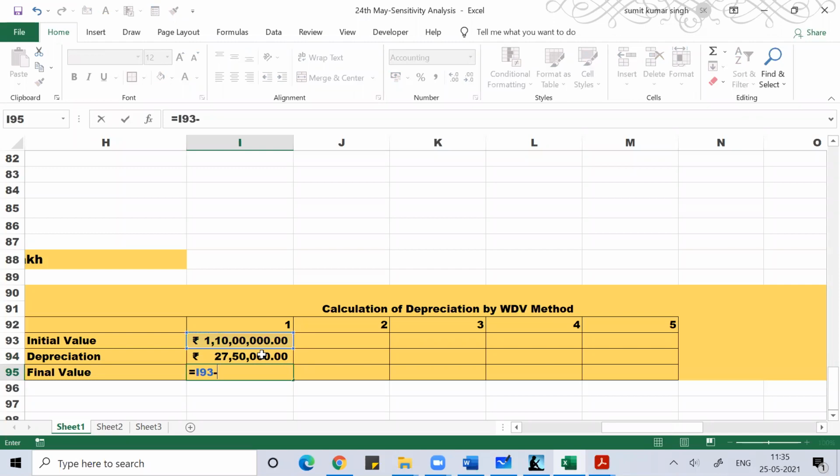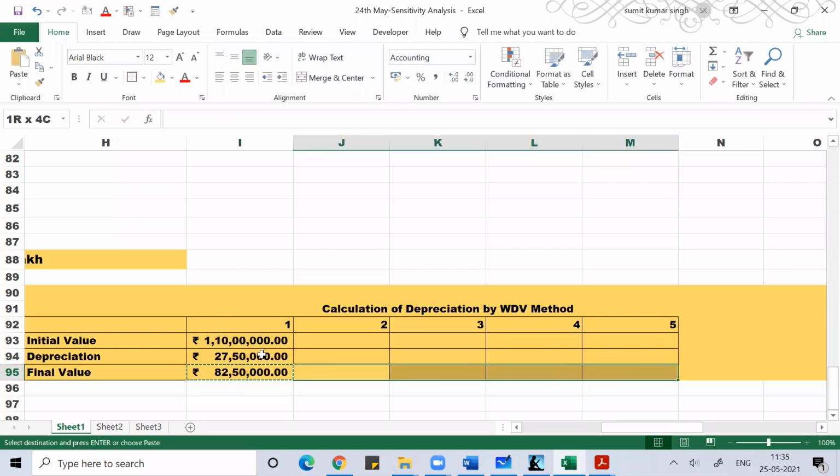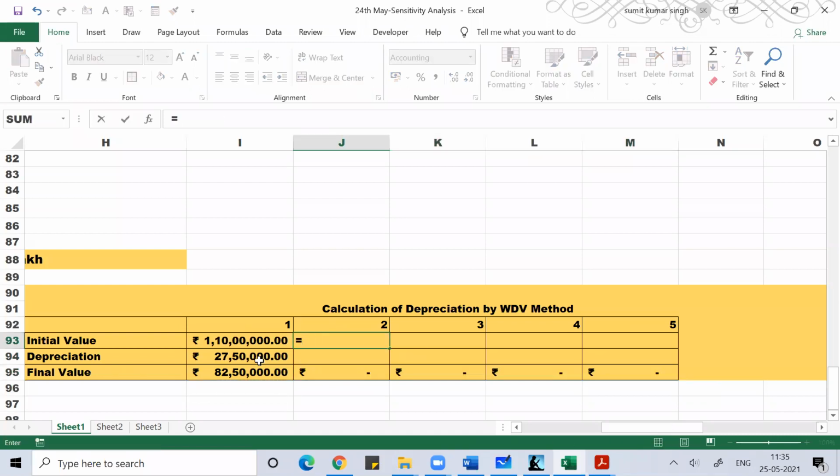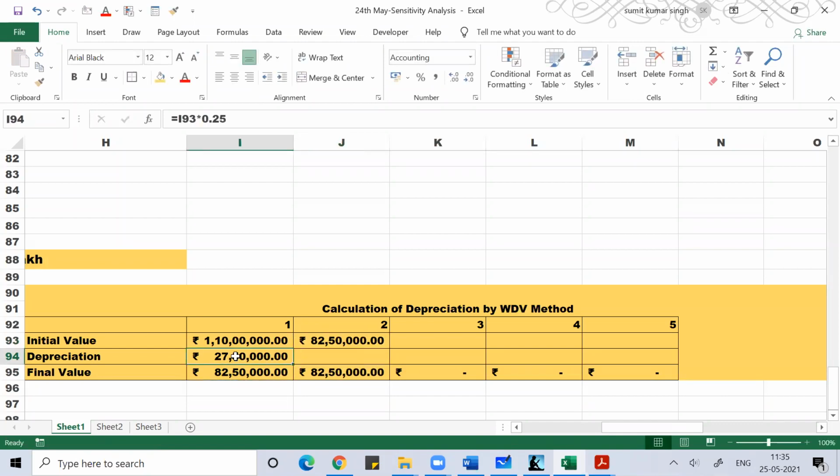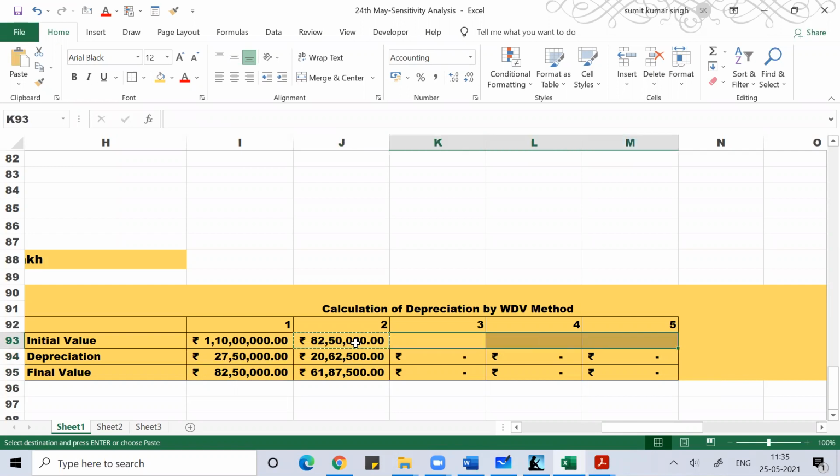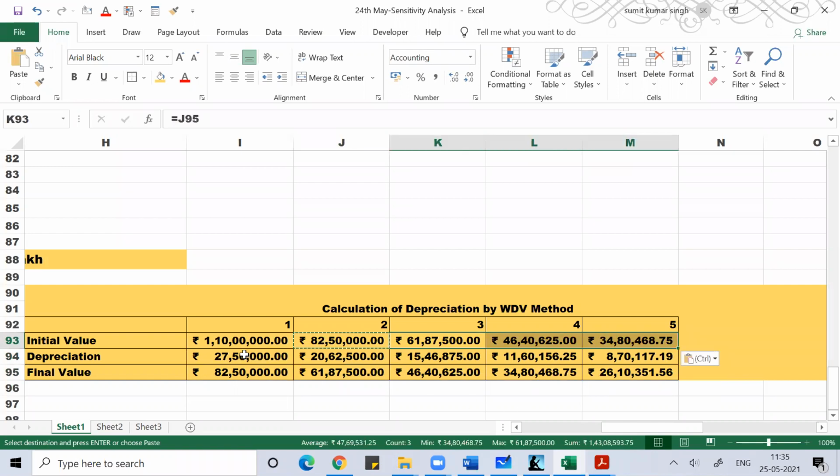Remaining value is this minus your depreciation. Copy this and put it everywhere. The final value of the first year becomes the beginning value of the second year. Copy this. So you get the depreciation. You need this because depreciation got changed, salvage value got changed, and initial investment got changed.